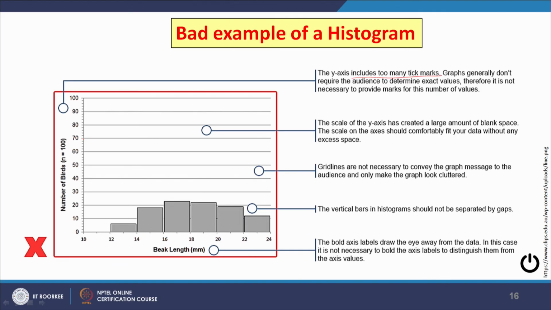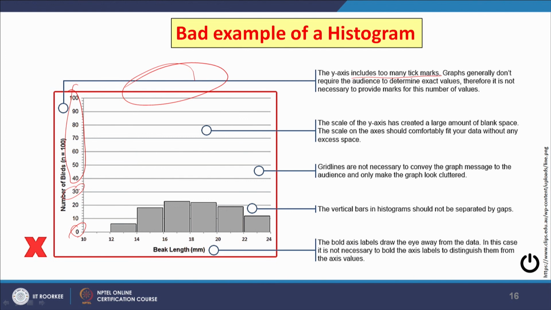Second, it is missing the title, and the most important one is that we know none of the values of my variable are more than 30. So why would I go up to this? I could have kept the values for the number of words between 0 and 30 in this particular example.